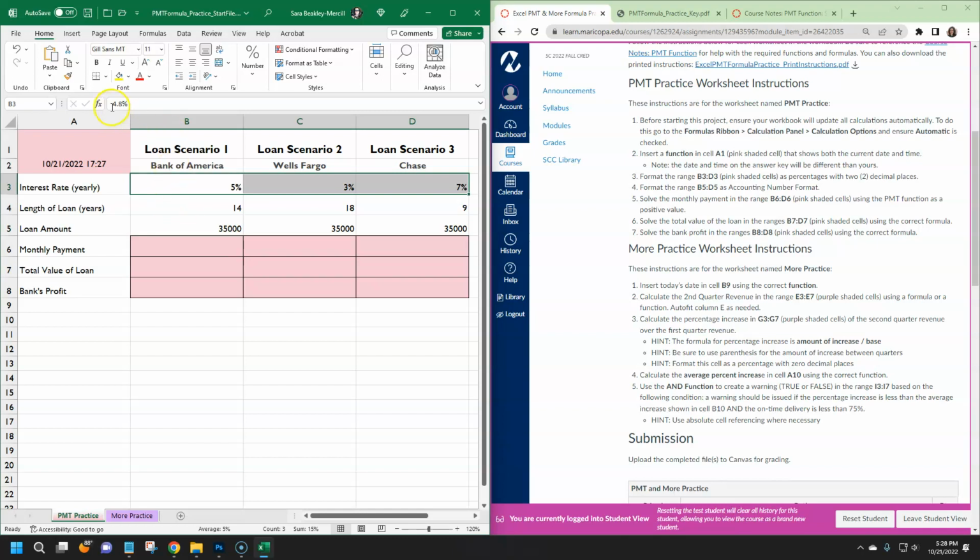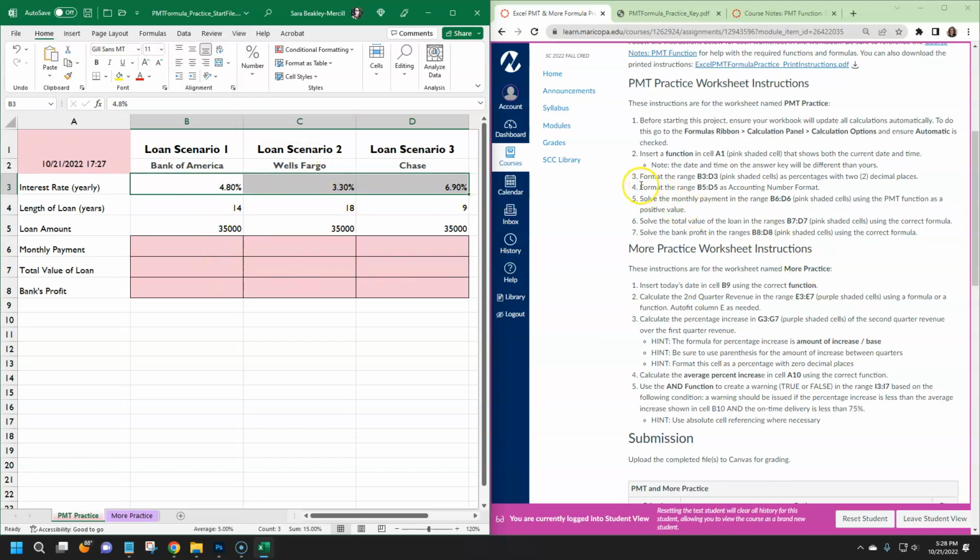Mathematically, it would use 4.8% in whatever calculations you were using. So if you want the worksheet to show 2 decimal places, you have to format that cell to show 2 decimal places. With all 3 of these cells selected, I can go to the Number panel, and you have an increase and a decrease. I'm going to click the increase twice, and that shows you the decimal places.